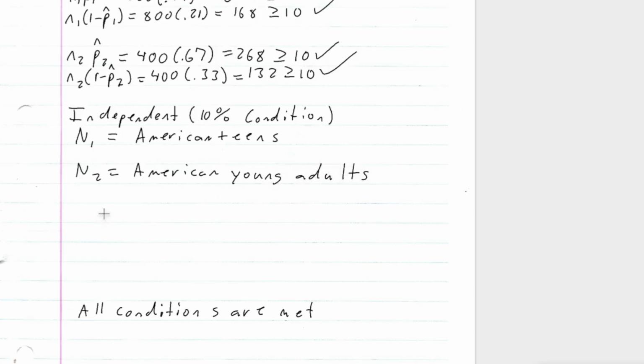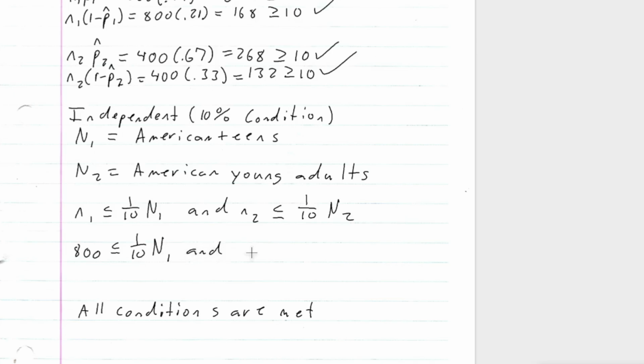Remember, we have to have n1 less than or equal to a tenth of capital N1, and n2 less than or equal to a tenth of capital N2. Well, I think it is safe to say 800 teenagers is less than a tenth of all teenagers.